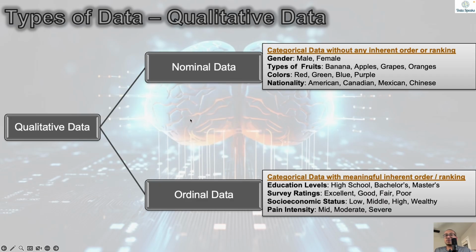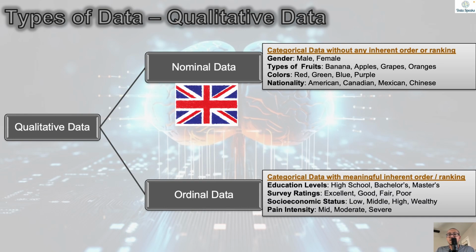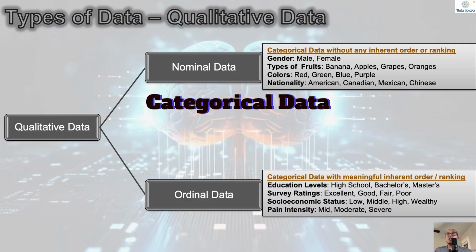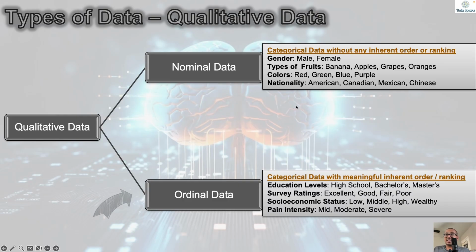Another example is the nationality of a person, like American, Mexican, Canadian, European. The main idea behind nominal data is that it is categorical data which does not have any specific order or ranking. Now, ordinal data you can think of as the opposite of nominal data.